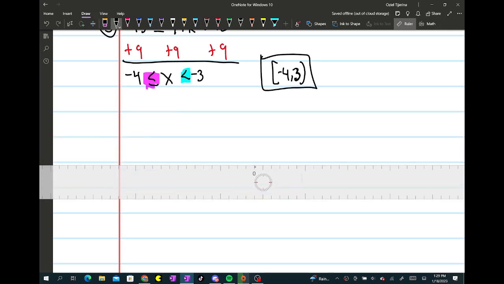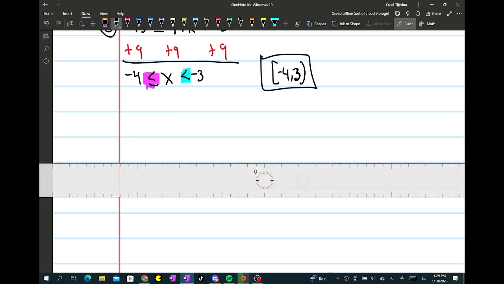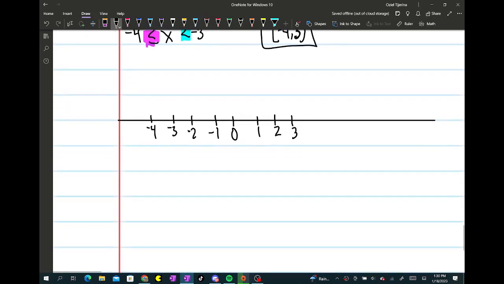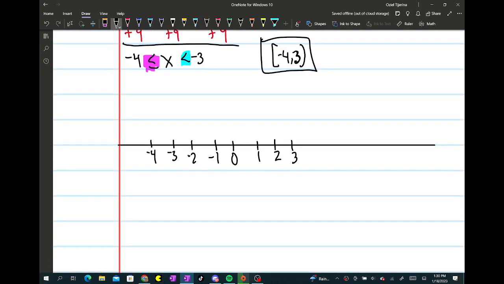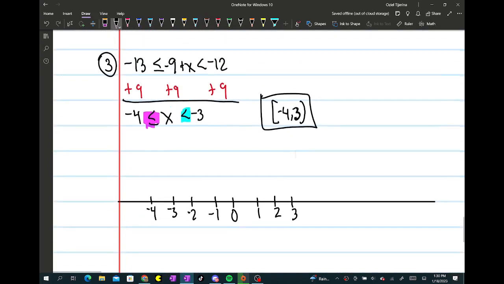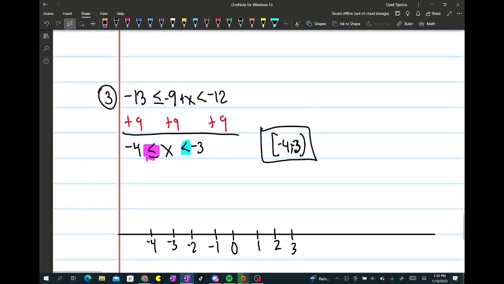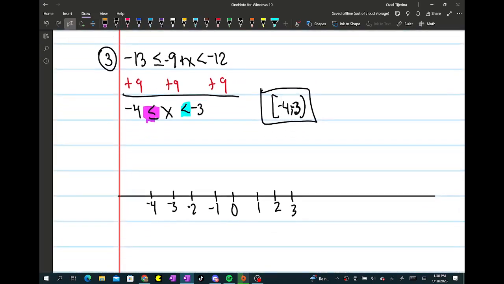When we do the number line, it's from -4 to -3, so let's do 0, -1, -2, -3, -4, and then 1, 2, 3. Really you're just shading between -4 and, oh, I meant to say -3, my bad, not +3.